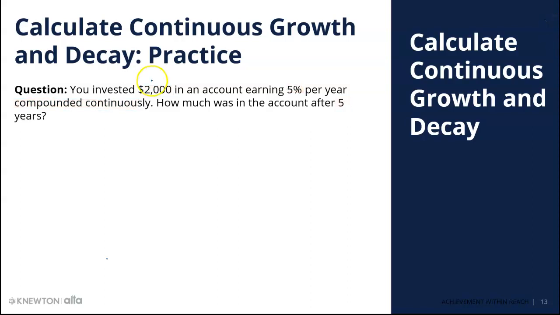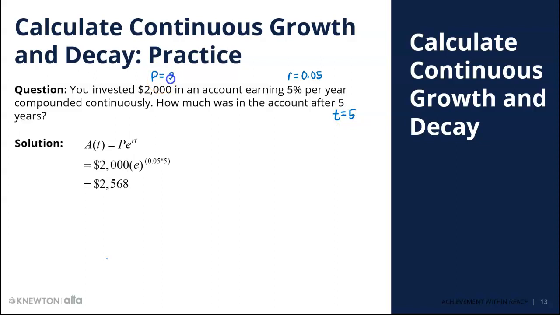Now identifying the given here, this 2,000 is our P, and the 5% is the rate, and we will write the rate in decimal. So we convert 5% to decimal, that is 0.05. Then the 5 here is the time, so t is equal to 5.